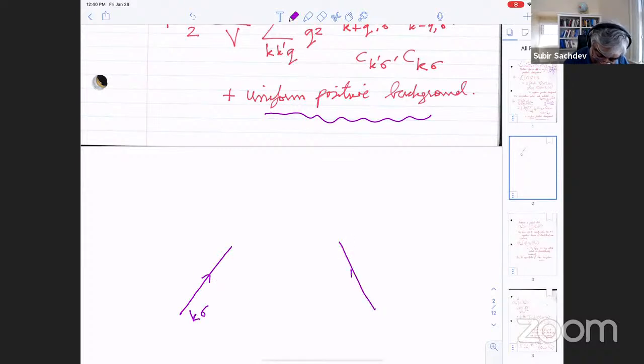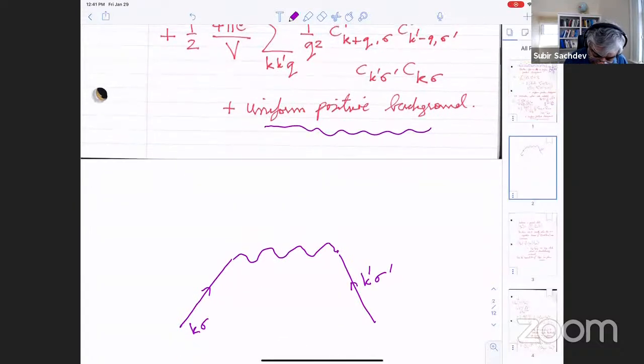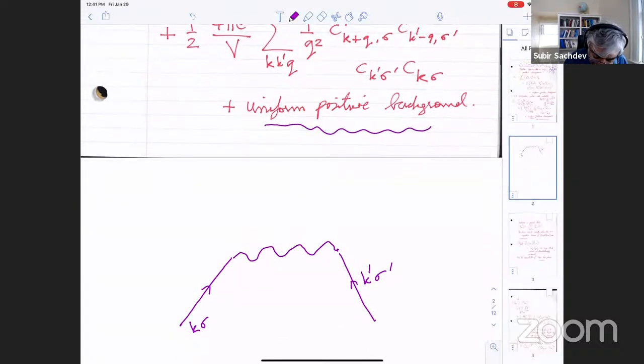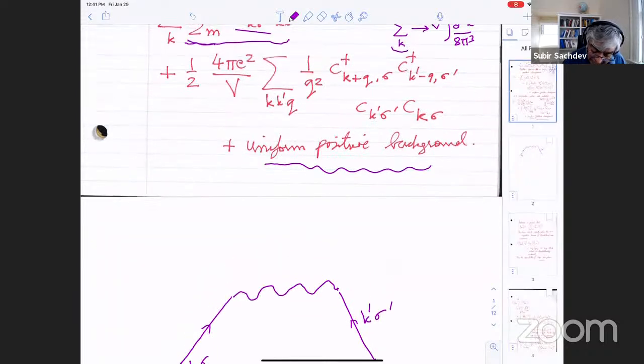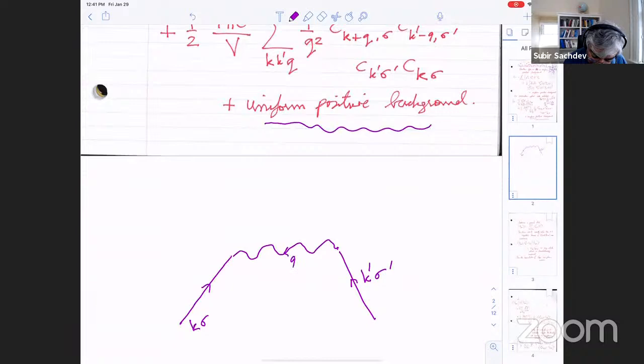And here you have a particle coming in with momentum k prime and spin sigma prime. They interact with this Coulomb interaction, and that Coulomb interaction has a momentum transfer of q. We can say that this Coulomb interaction is transferring momentum this way, in fact, of q.